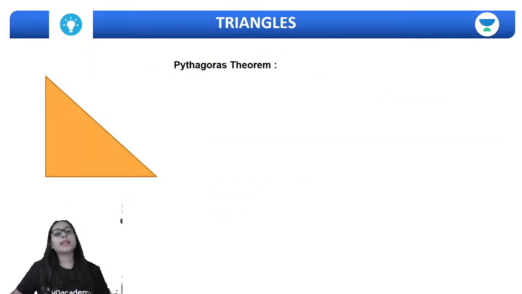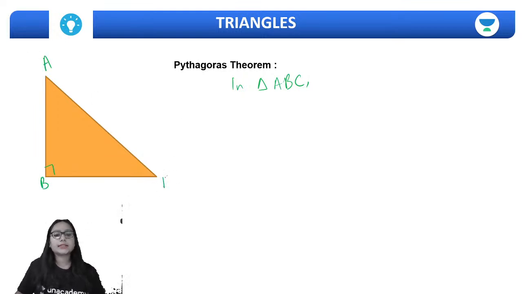Now let's see what the Pythagoras theorem is. In a right angle triangle ABC, if angle B is equal to 90 degrees, then the side opposite the 90-degree angle is known as the hypotenuse.